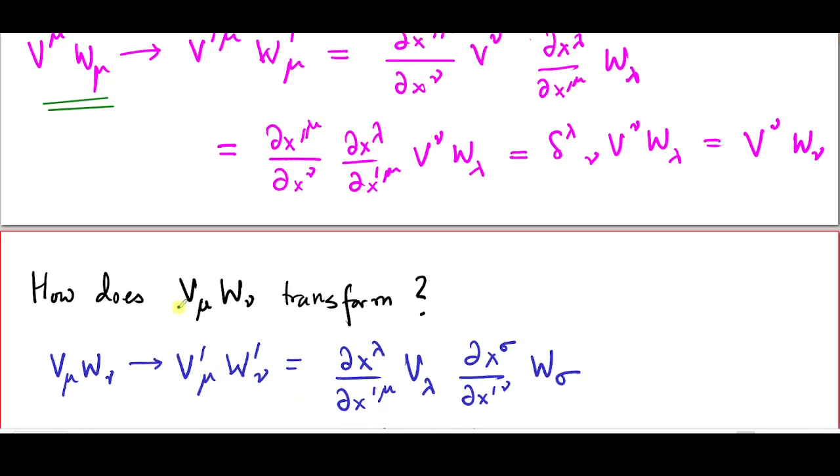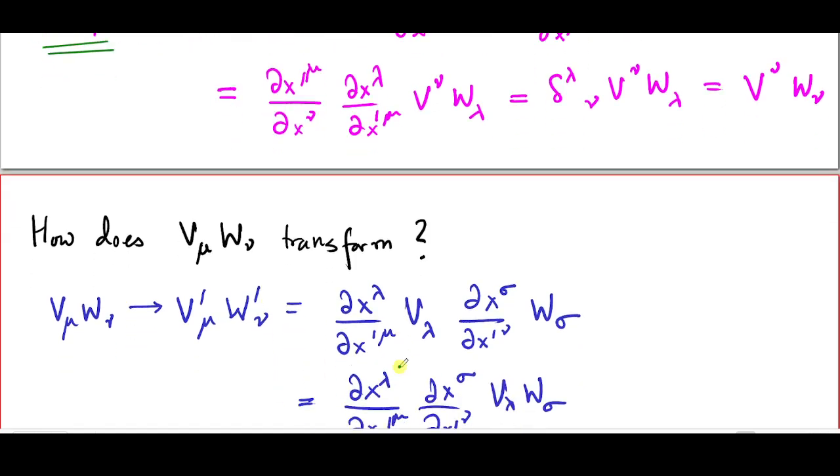That's pretty easy. Both the V lower mu and the W lower nu would transform to V prime mu W prime nu. V prime mu, according to the covector transformation rule, is simply del x lambda del x prime mu V lambda. Once again, remember, just looking at the positioning of this free index should be enough for you to be able to write the whole thing.